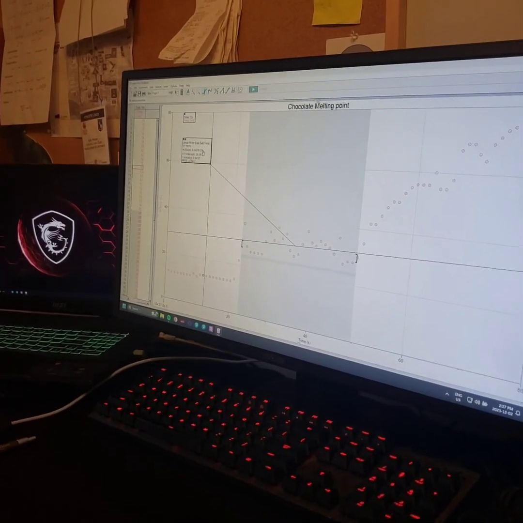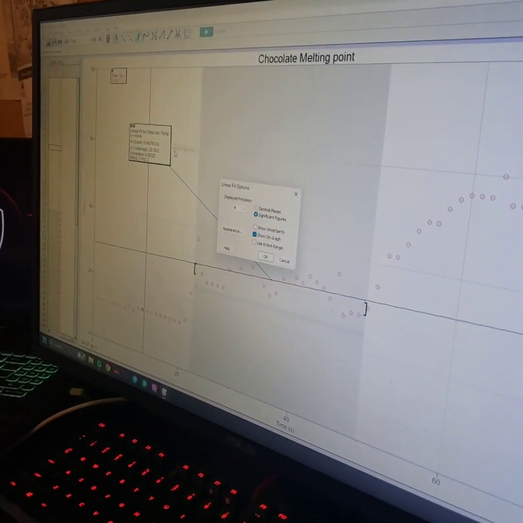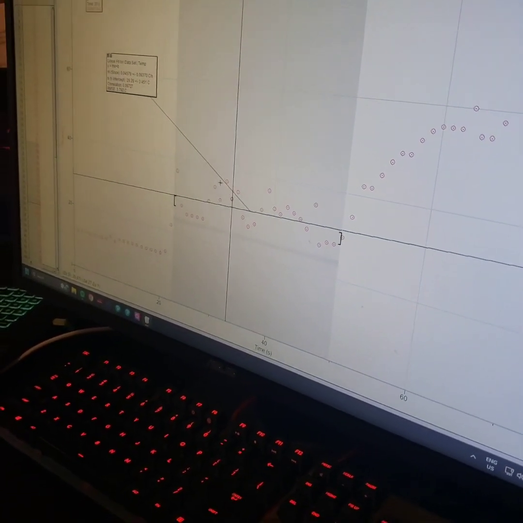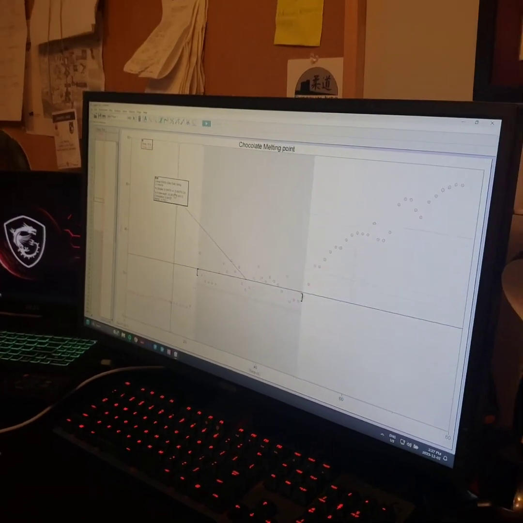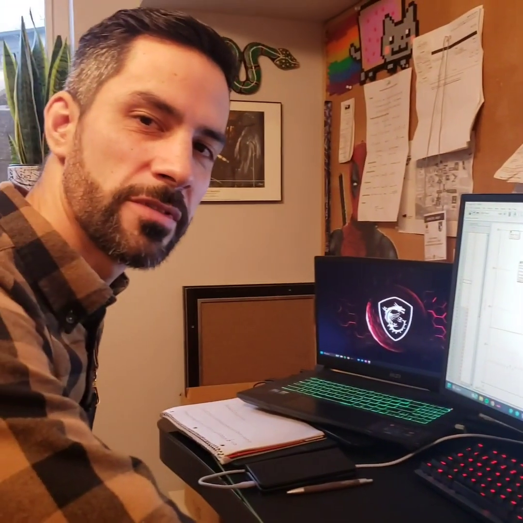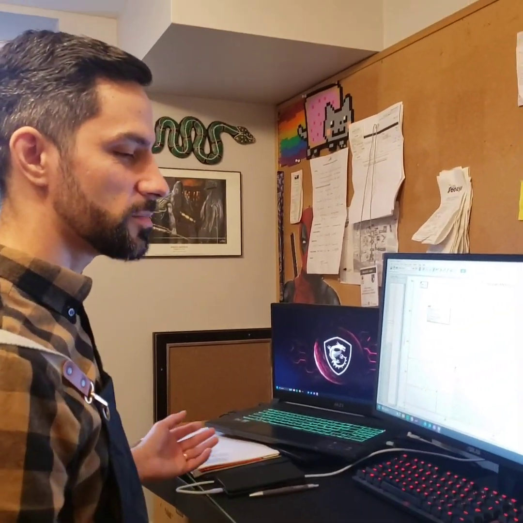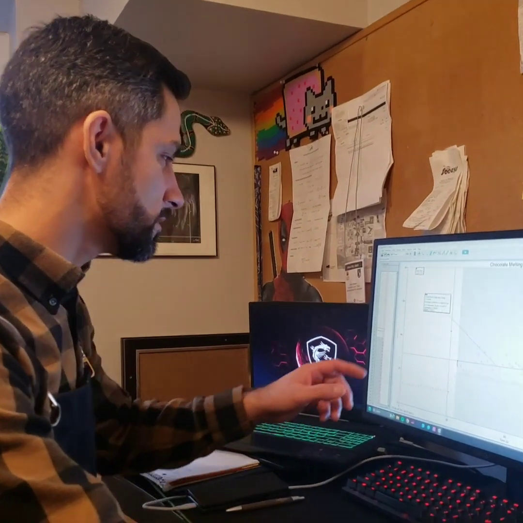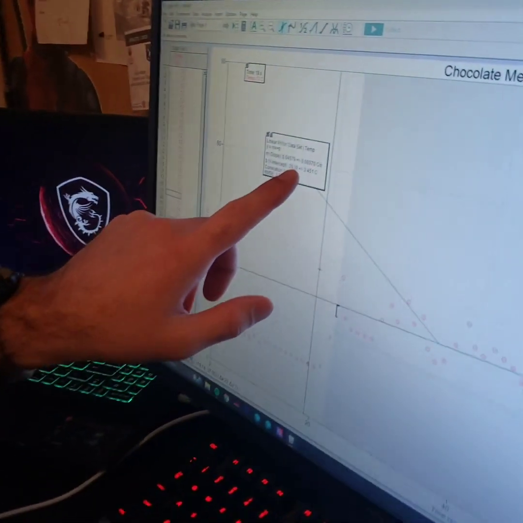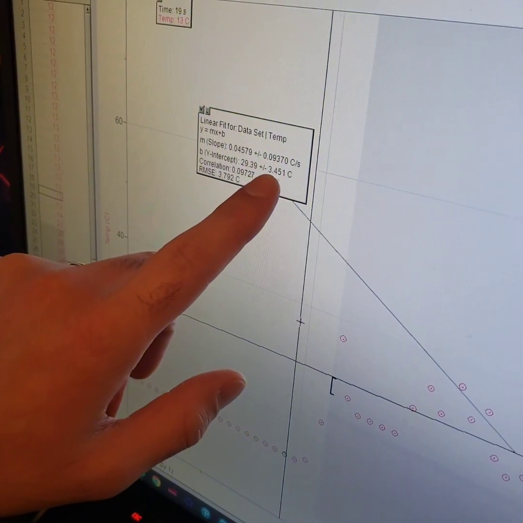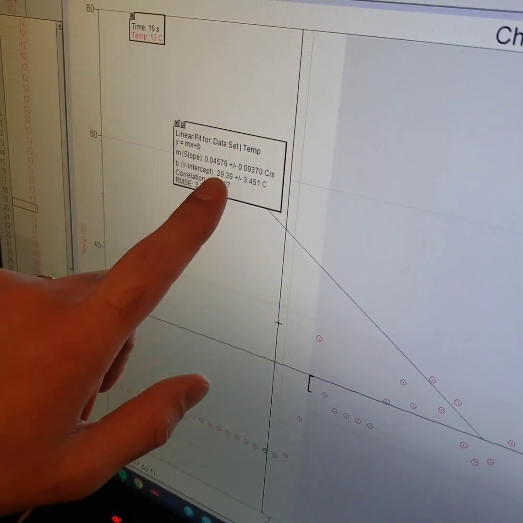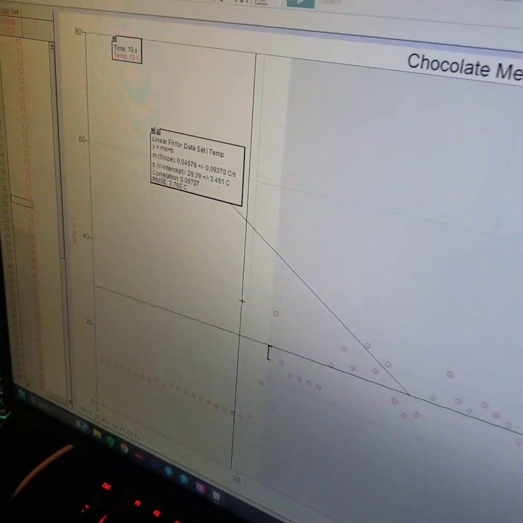This is going to tell us our slope, which hopefully, within our uncertainty, is in agreement with 0, which is what we would expect, since all the energy from the heat is being used to actually melt the chocolate. As we can see here, the y-intercept, plus or minus 3 units, is approximately 30 degrees Celsius, which is just as we would expect for the melting of chocolate.